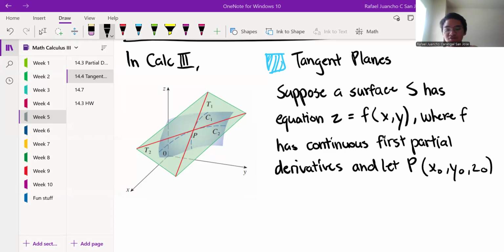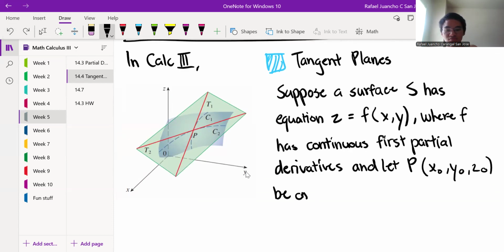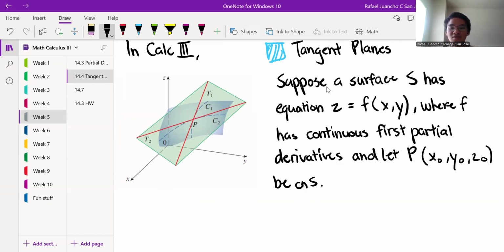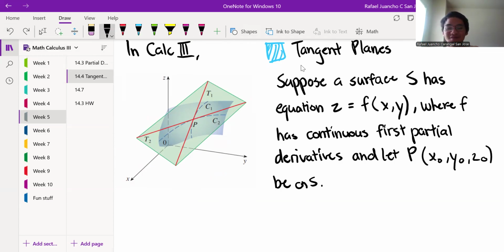And this is a point literally on S. It's on S. And there we go. That's the initial background. So here I just described this whole picture using what we call English.